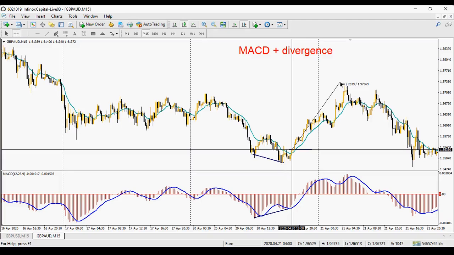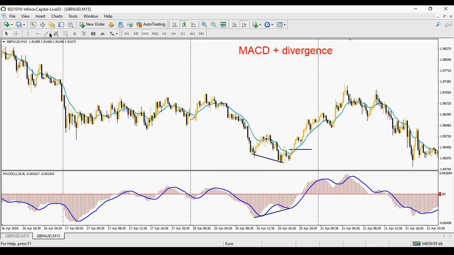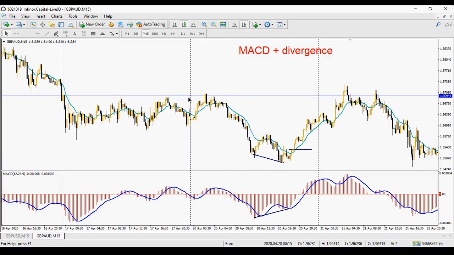Stop loss under the divergence, and then of course your take profit will be at this resistance area. That's about 40 to 50 pips. This is where your take profit will be, right here.